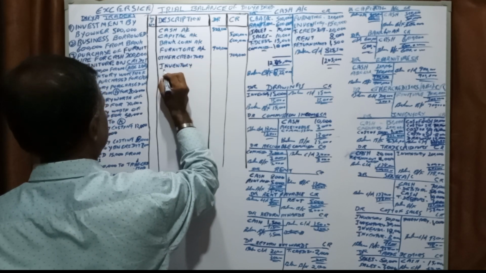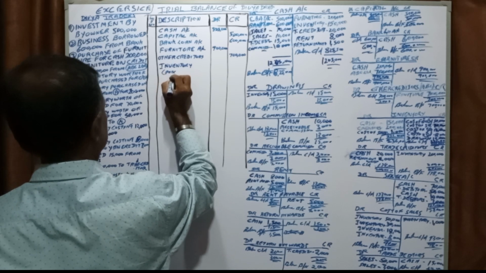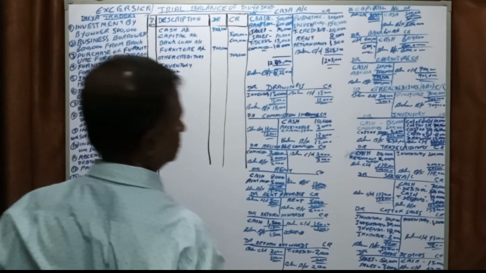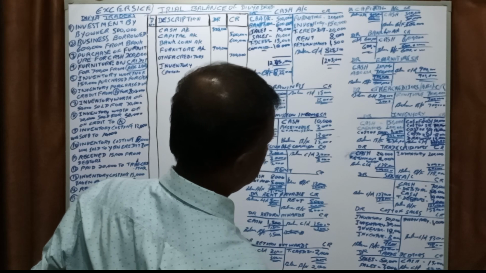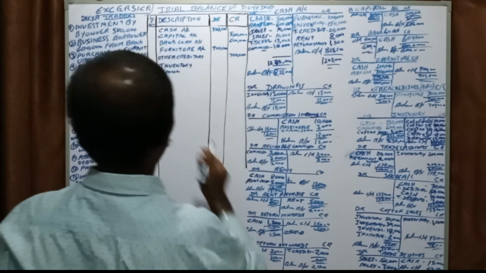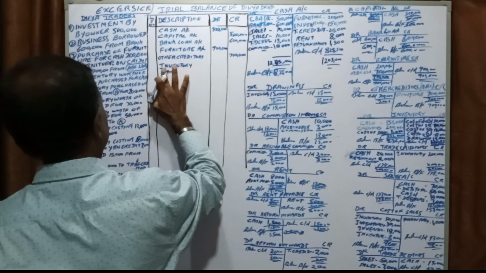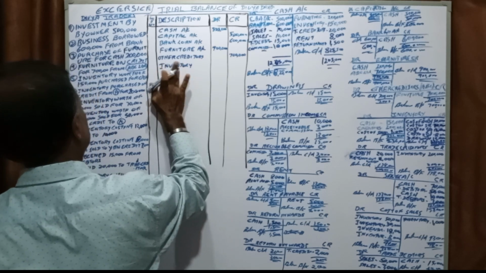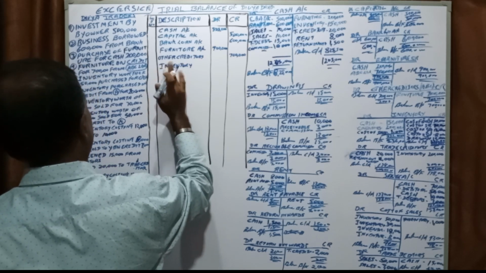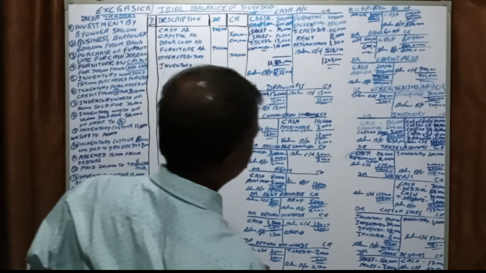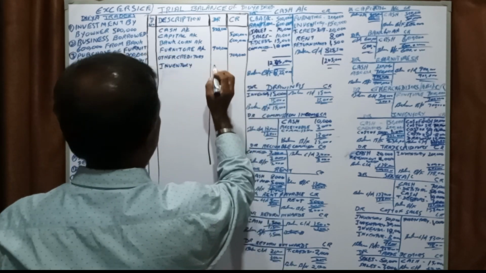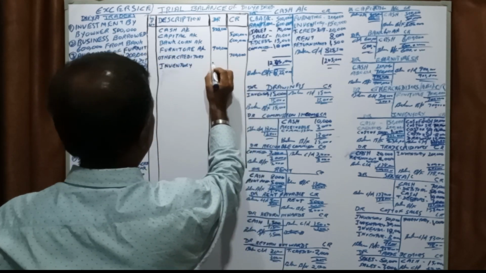This is inventory, not the purchase. It is a debit balance of 236,000.